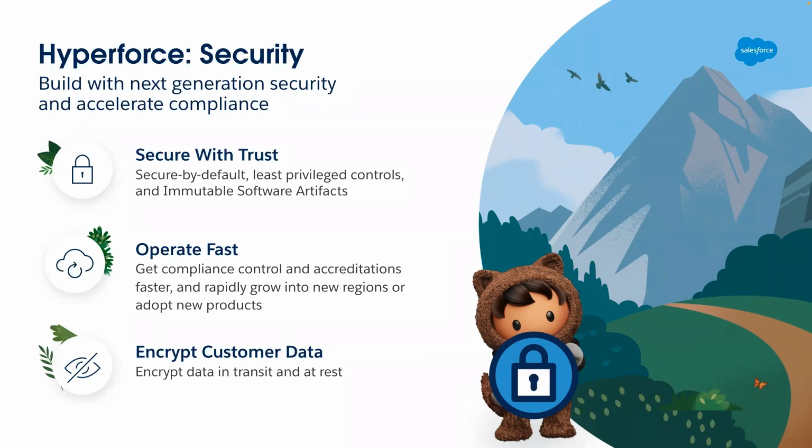We are constantly reviewing the compliance landscape worldwide, and when we see a new demand or requirement, we are able to quickly step up and help satisfy our customers' compliance needs. This helps our customers get compliance control and accreditation faster, while also helping them to rapidly grow into new regions and adopt new products.